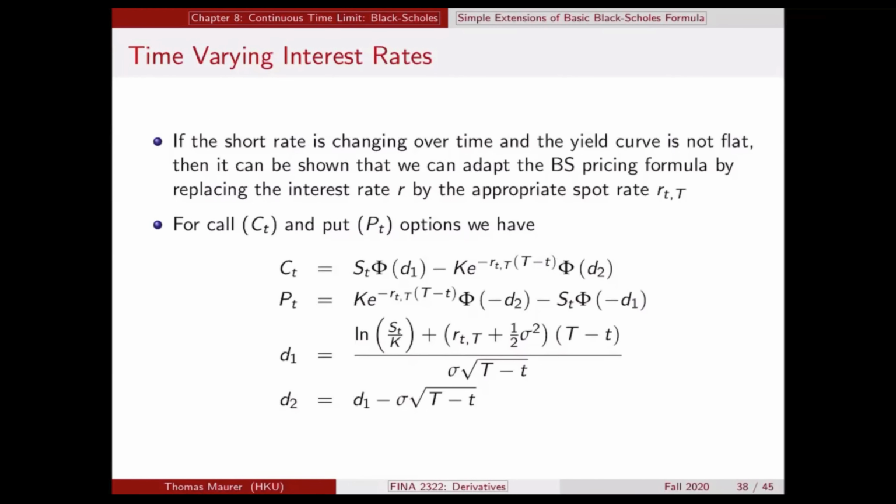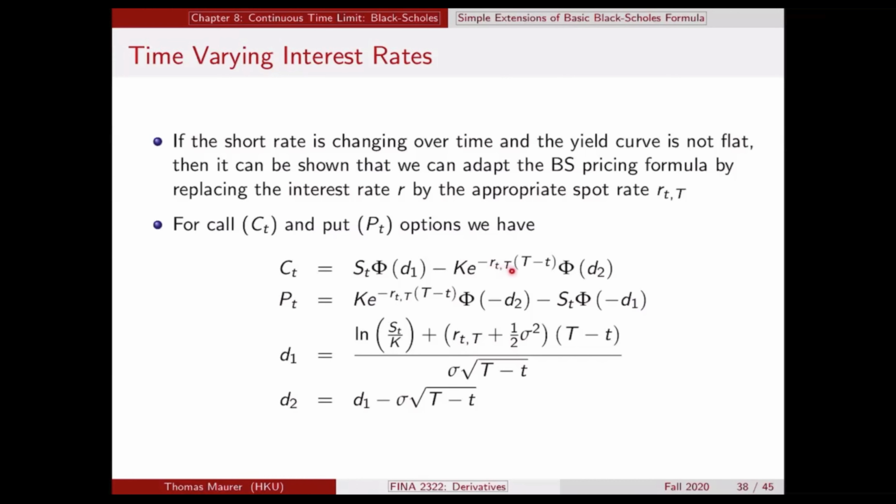The next extension which we can do is to account for time variations in the interest rate. So what happens if the interest rate is not constant? It turns out you can adjust the Black-Scholes formula relatively easily to take into account changes in interest rate. All we do is replace the constant interest rate by the appropriate spot rate between where we are right now and the maturity date.